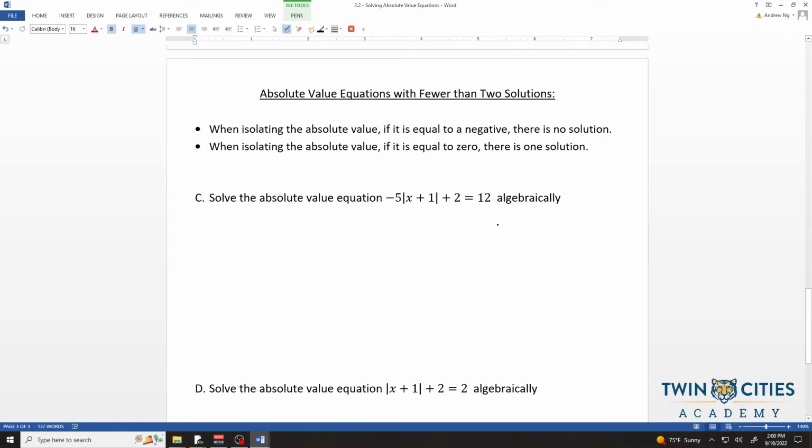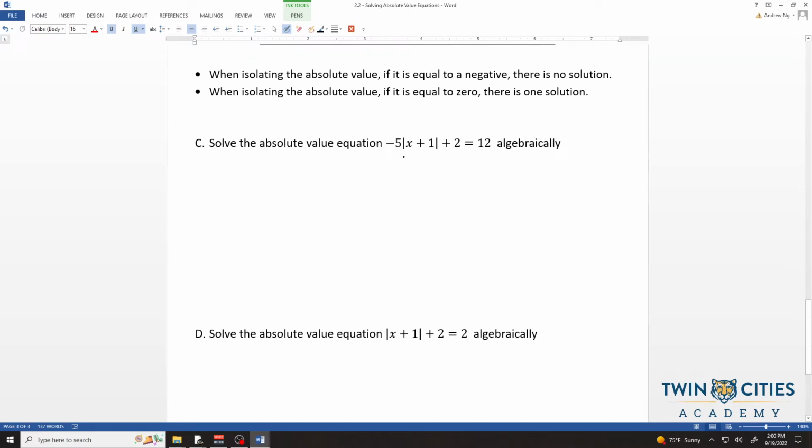Solve the absolute value equation, negative 5 times the absolute value of x plus 1, and then plus 2 equals 12. Let's solve this algebraically. Okay, so isolate. Subtract 2 from both sides. This is going to give me negative 5 times the absolute value of x plus 1 is equal to 10.